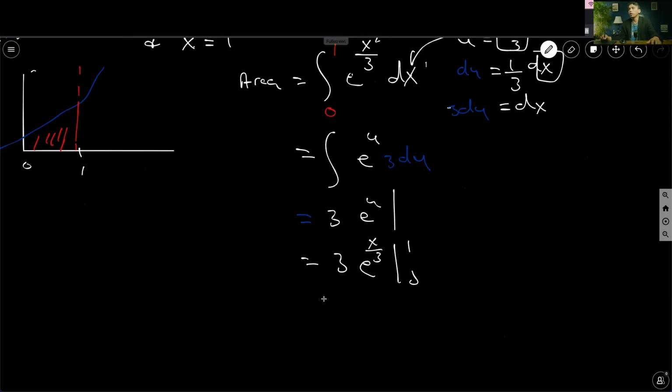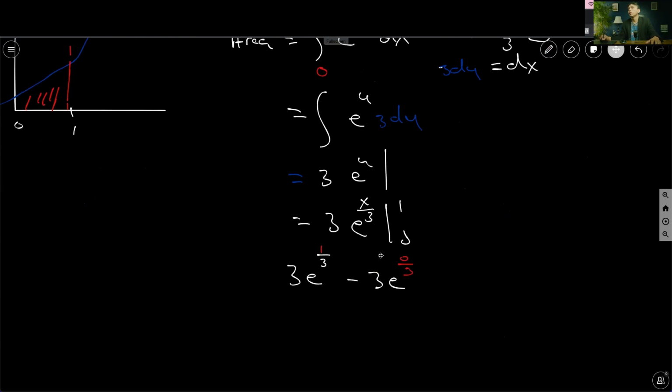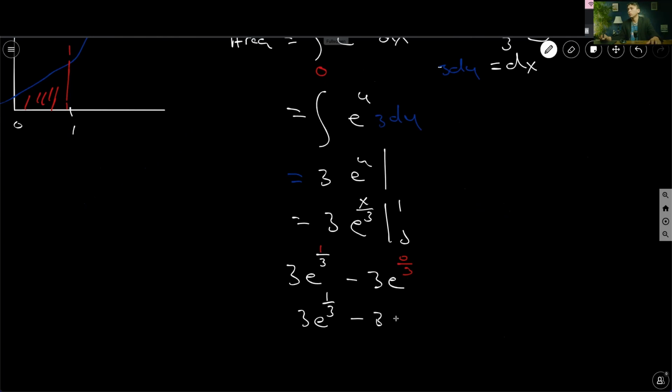We first plug 1 in, so it becomes 3 e to the 1 over 3 minus 3 e to the 0 over 3. We simplify this. This just becomes 3 e to the 1/3 minus 3, because e to the 0 is just 1. And that is our answer.